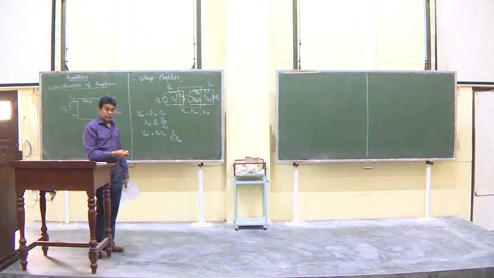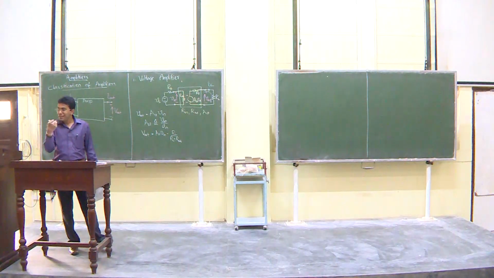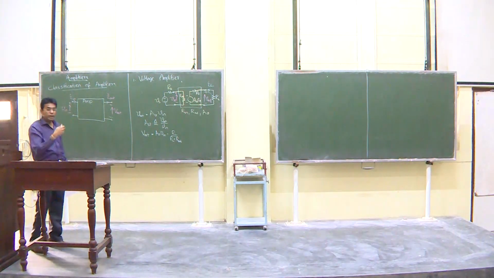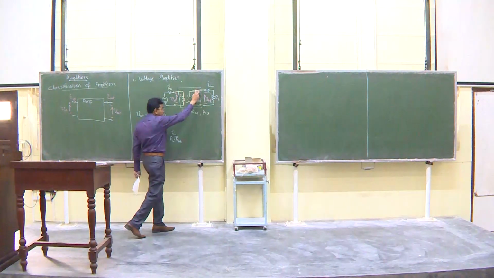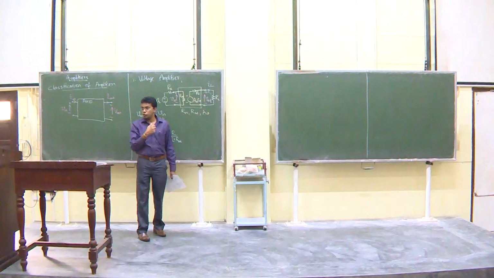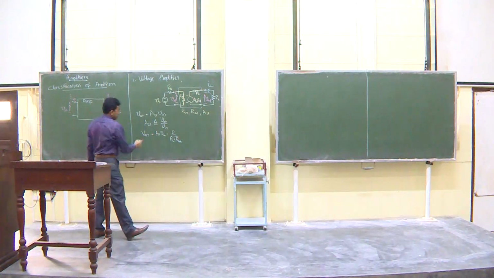In practical circuits, there is a value for this. The larger the value, the worse the circuit, because you are going to drop voltage across this R out. So we like R out to be as small as possible. That is the first thing we need to know.